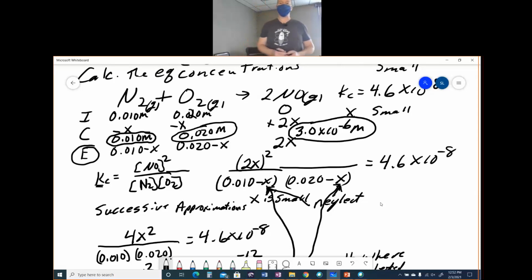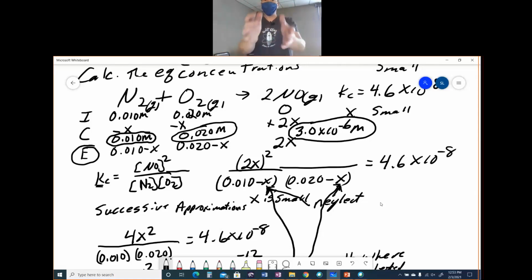And so your equilibrium concentration for nitrogen and oxygen is exactly the same as your initial concentration, because your K value was so small, very little came to the right, such a small amount that it didn't change the initial amount using your 2 sig figs.